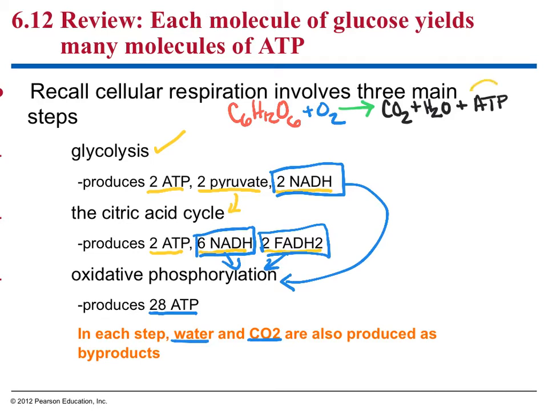And it's that ATP that we're really after, right? And then also, because cellular respiration is only about 34% efficient, meaning that it only is able to harvest about 34% of the energy in glucose, that means some of that energy is not turned into ATP, but rather it's released as heat. So heat is also a byproduct of cellular respiration. Okay?